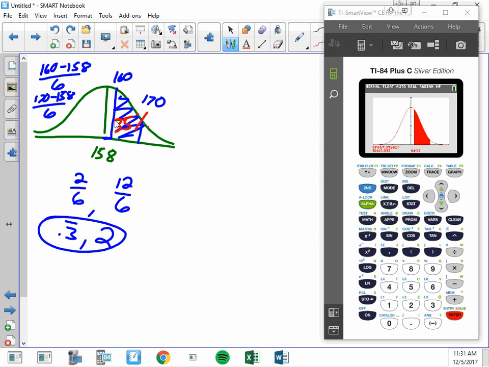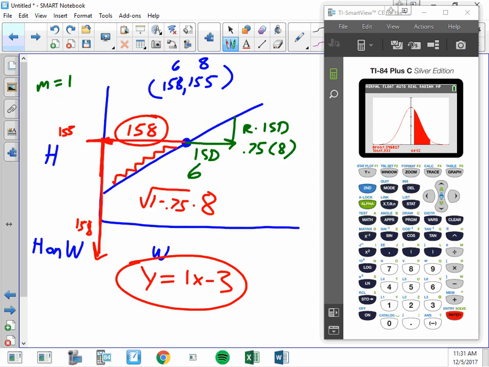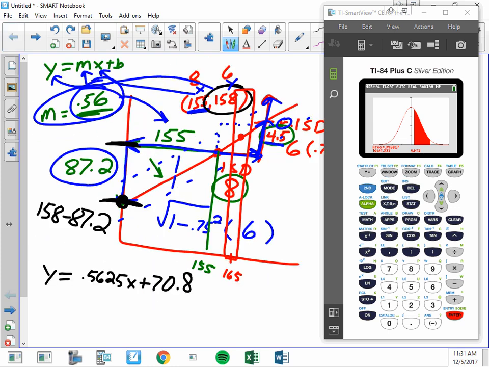Okay, number 25, the answer is 35%, 34.6. Okay? So now we want to look at the women who are 165 centimeters tall. Well, if we go back here, we've already figured out what the new average is, right?